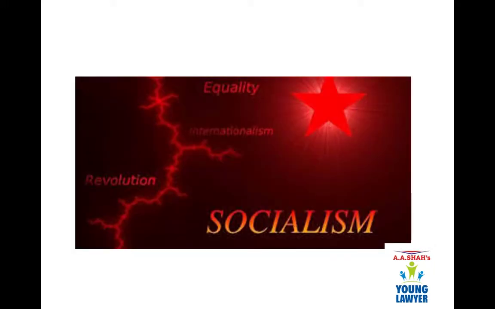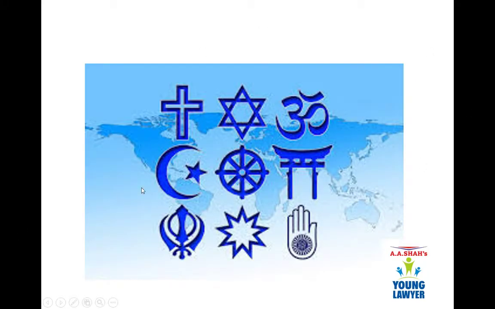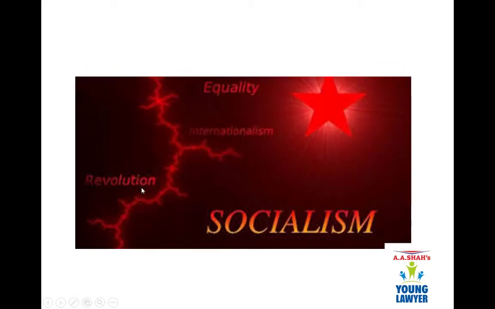The next keyword is socialist. So India is a socialist country. Now socialist means a country which serves as a welfare state. How does it serve as a welfare state? There are two types of socialism in the world. One is democratic socialism and the second is communistic socialism. Communistic socialism is what you observe in a country like China maybe, and democratic socialism is what you observe in India.